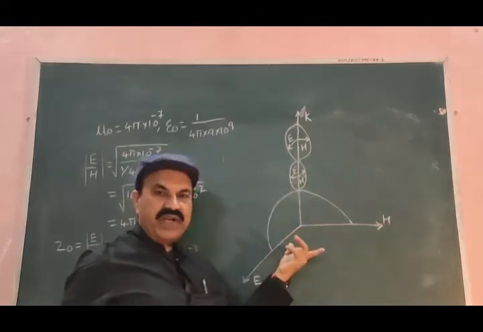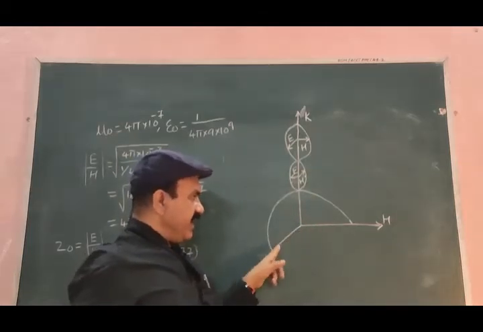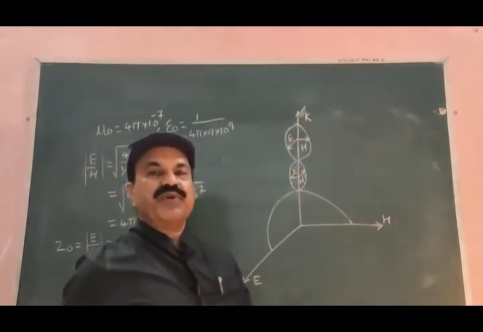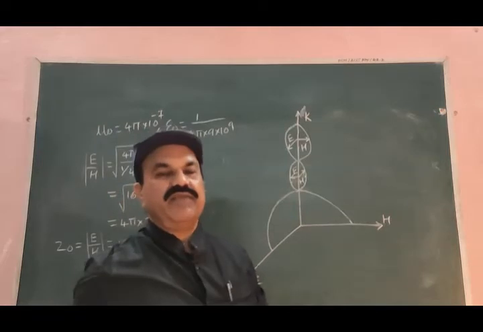E and H are perpendicular to each other, and E and H are perpendicular to K, which is the direction of propagation of the plane electromagnetic wave.